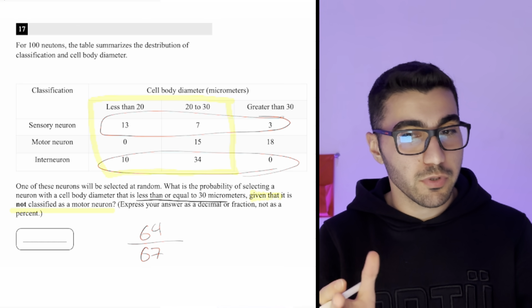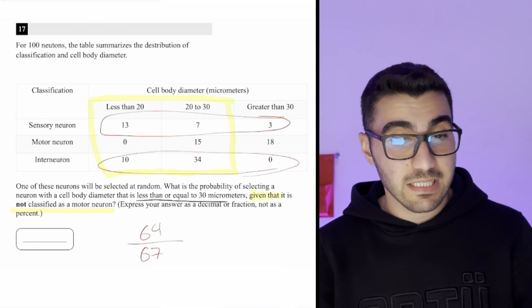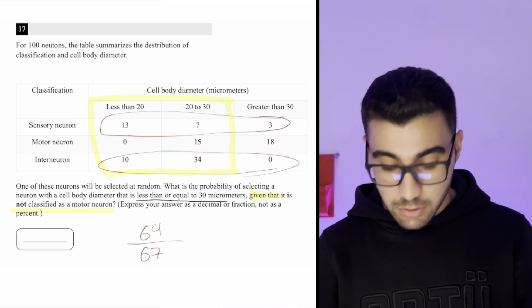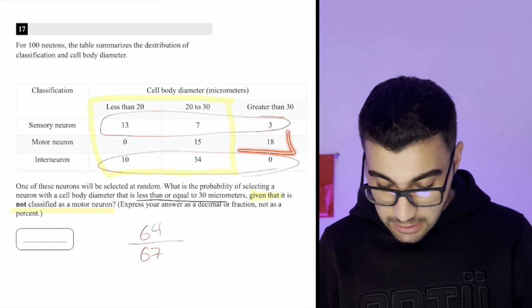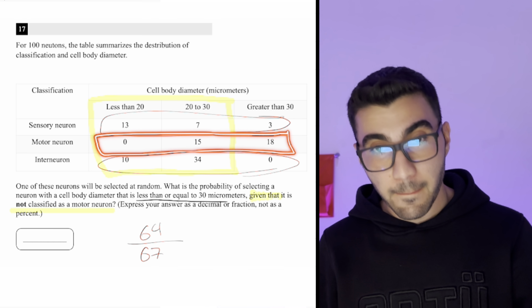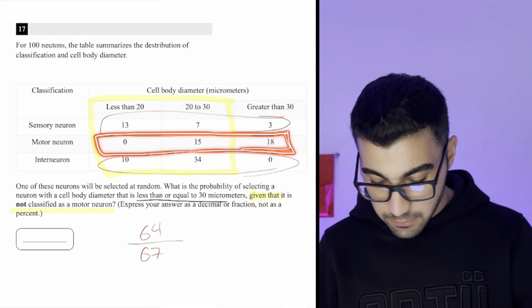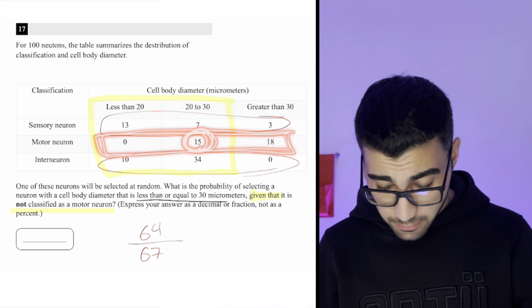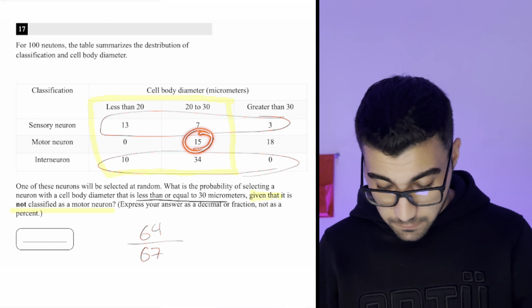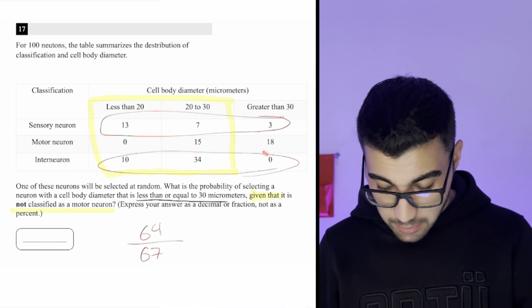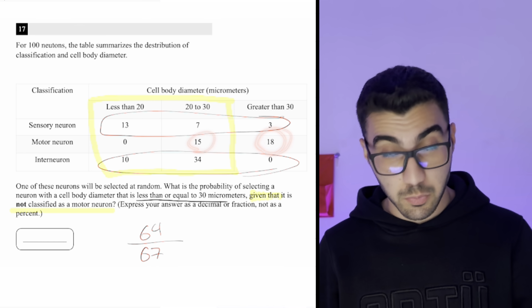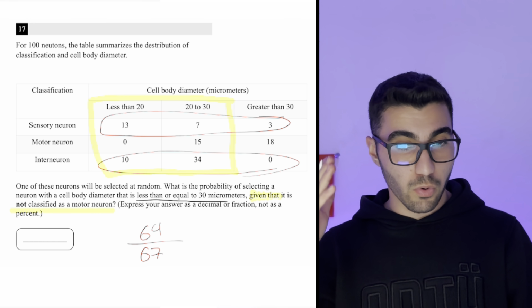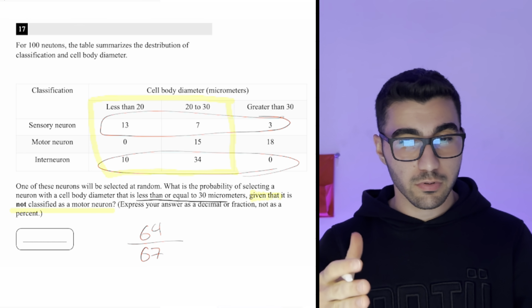Now here's how you would do if it was given that it is classified as a motor neuron. Means we are only selecting from here. Okay, given that it's classified as a motor neuron, we are only selecting here. So the possible number that we can take is 15, and the total is going to be 18. So 15 over 18 would be the answer in that case, because we are only selecting from motor neuron.